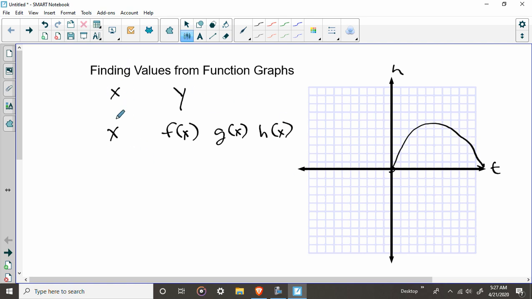X, Y, X, or f of X. So we could say something like this. We could say t, and then we could say height as a function of time. Okay, but these are all just y. These are different ways to write y. We could also say these are inputs and outputs.